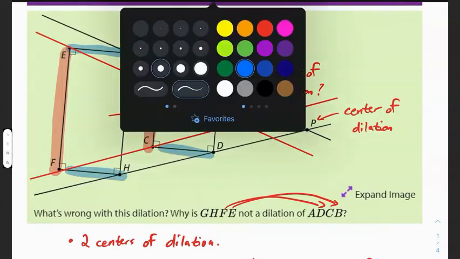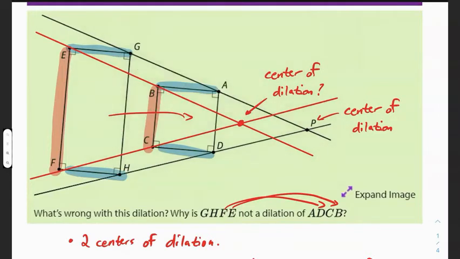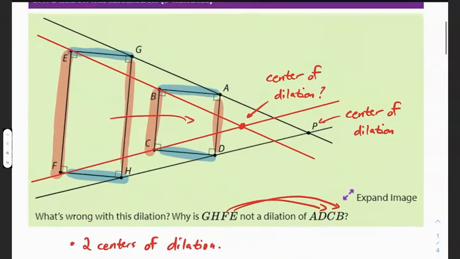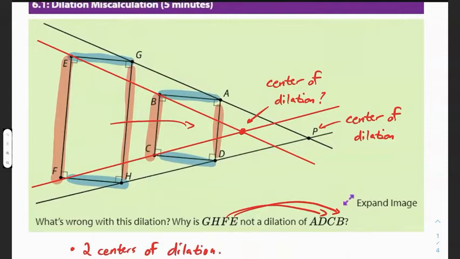Meanwhile, the red sides definitely went through some kind of scale factor, maybe a half. Something like that. So the blues stayed the same, but the reds did not. That's an indicator that the scale factor was not constant for all the side lengths. If you come up with any others, definitely let me know. But that'd be good reasoning on what went wrong.